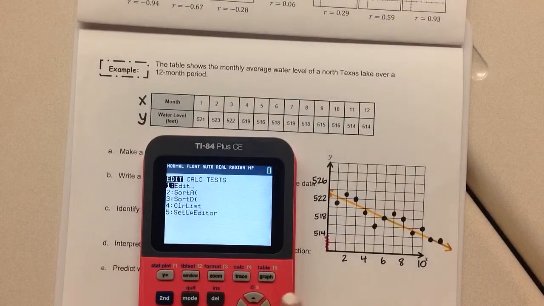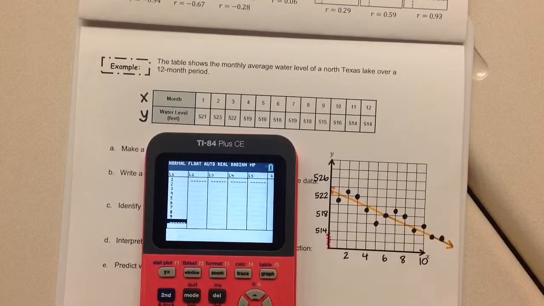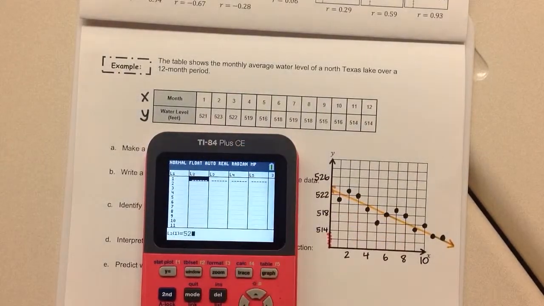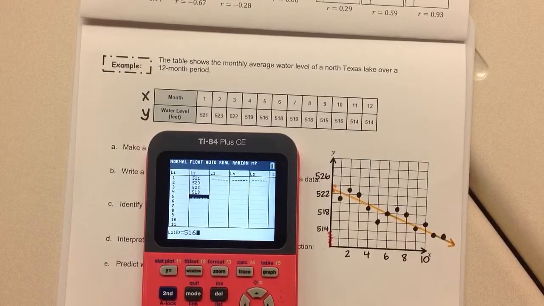So we're going to go stat, edit, stat, enter, and we're going to type in our values. 6, 7, 8, 9. I'm going to include 11 and 12, and I'm going to go back so it's 521, and you want to make sure that you are typing in your data very accurately.